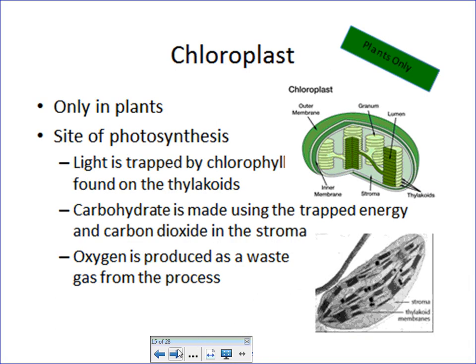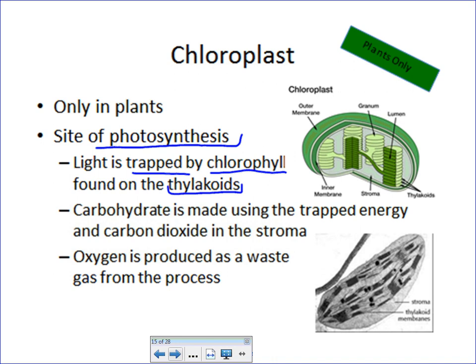So in plants only, we find that organelle referred to as chloroplast, which is going to be the site of photosynthesis in those plants. In the chloroplast, this is where light will get trapped by chlorophyll pigments, which are found in these disc-like structures called thylakoids.